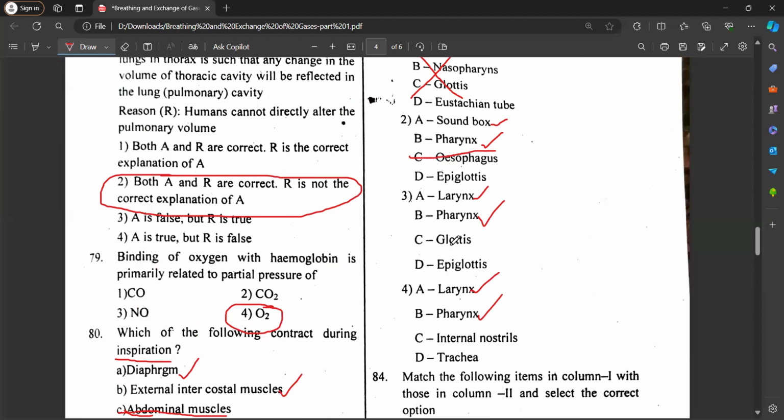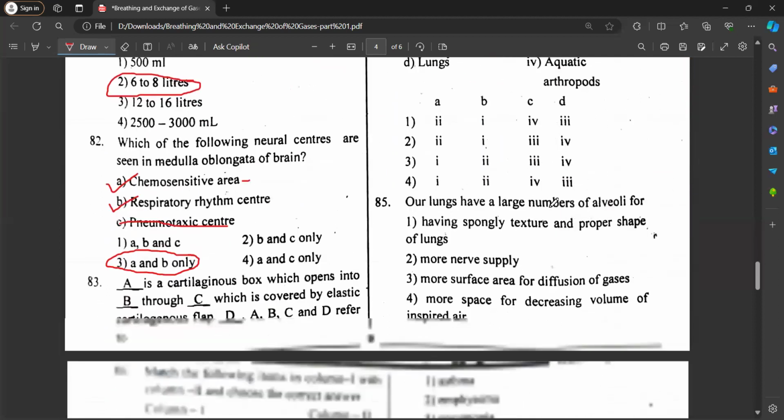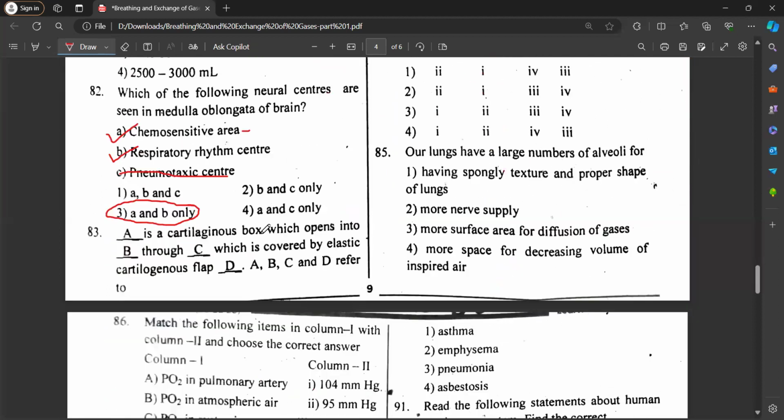Through glottis. Yes, it is right. Which is covered by epiglottis. Therefore, the third option is going to be the correct answer. Clear? So I'll read out. Larynx is a cartilaginous box which opens into pharynx through glottis, which is covered by an elastic cartilaginous flap called epiglottis.